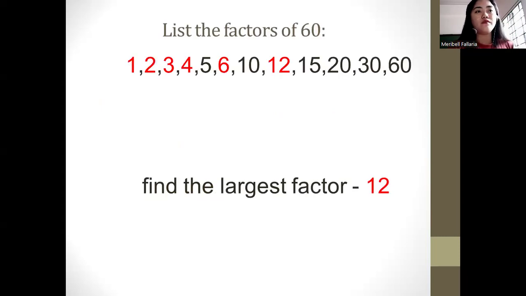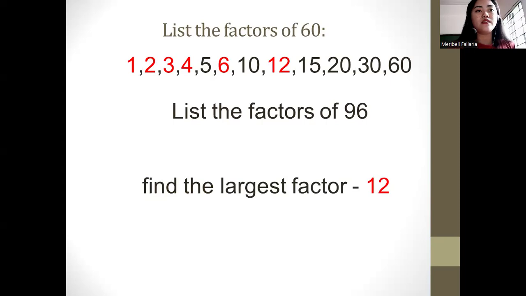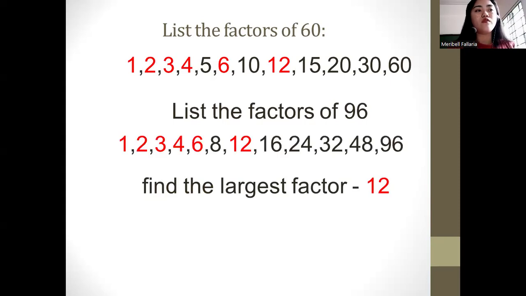So now let's find the factors of 60. We have 1, 2, 3, 4, 5, 6, 10, 12, 15, 20, 30, 60. These are the numbers that if we divide them into 60, there is no remainder. And for 96, we have 1, 2, 3, 4, 6, 8, 12, 16, 24, 32, 48, and 96.